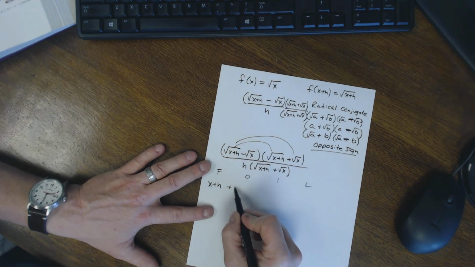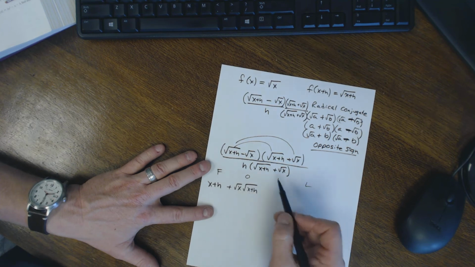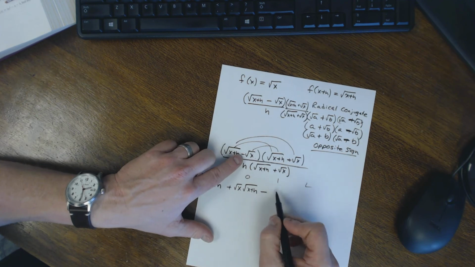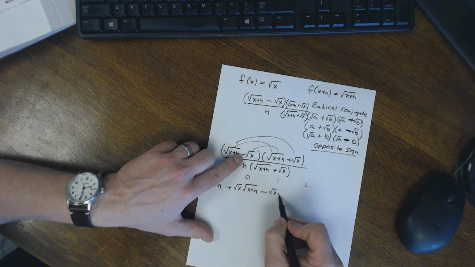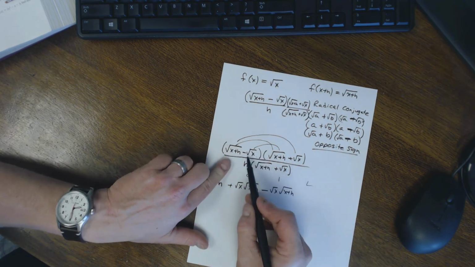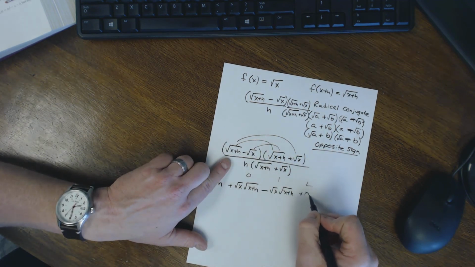That's going to be plus root x times root x plus h. My inners are going to be negative, from this negative sign here, root x times root x plus h. And then my lasts are going to be negative root x times root x. That's going to be minus x.